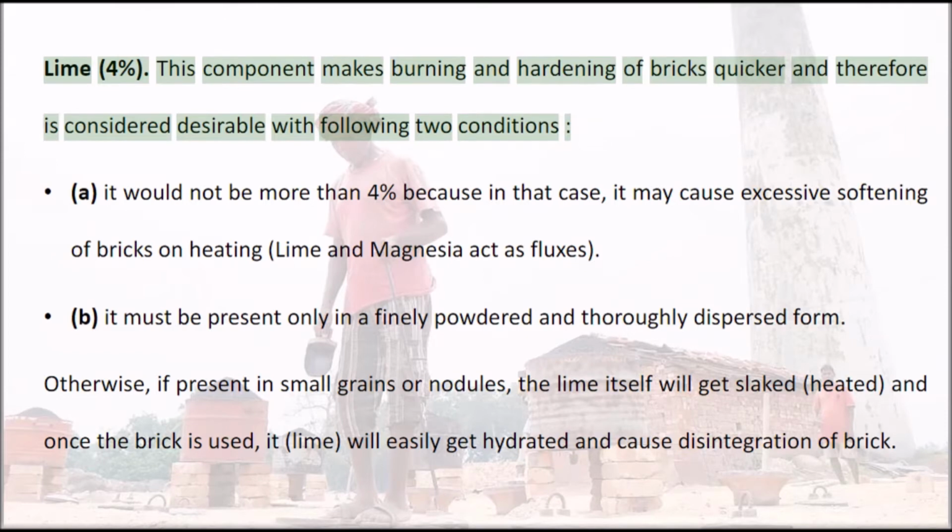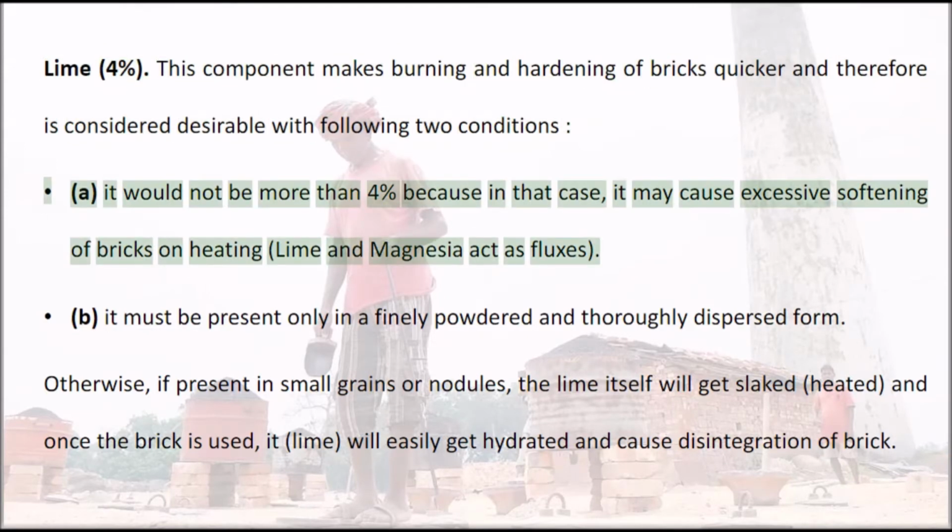Lime, 4%. This component makes burning and hardening of bricks quicker and therefore is considered desirable with the following 2 conditions. A. It would not be more than 4% because in that case, it may cause excessive softening of bricks on heating. Lime and magnesia act as fluxes.